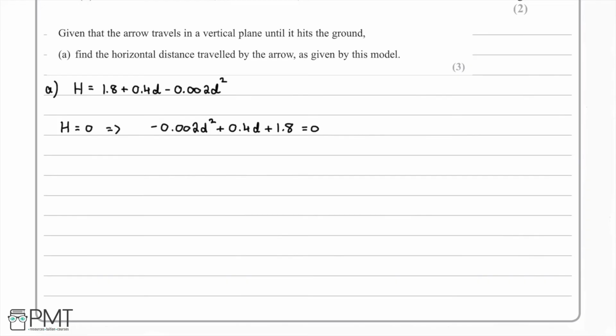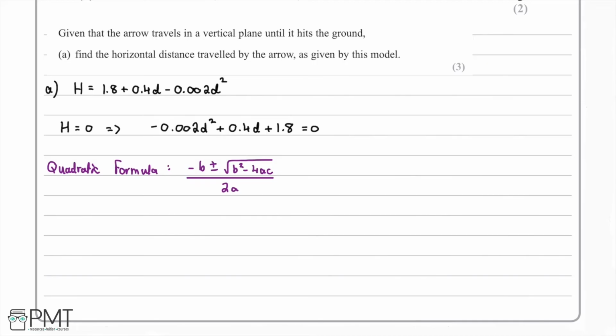We recall that the quadratic formula is an equation that we can use to work out the roots and the solutions of a quadratic function like this. We know that it is going to be negative b plus or minus the square root of b squared minus 4ac, and we divide all of that by 2a.